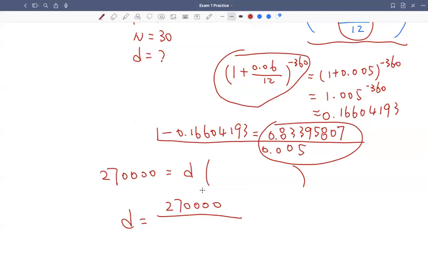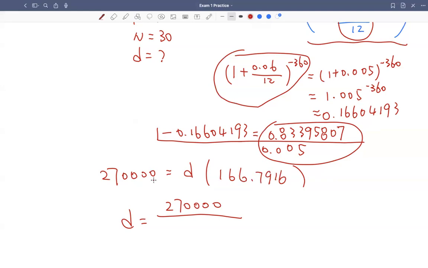So let me use the calculator to do that. 0.83395807 divided by 0.005. So this is 166.7916.